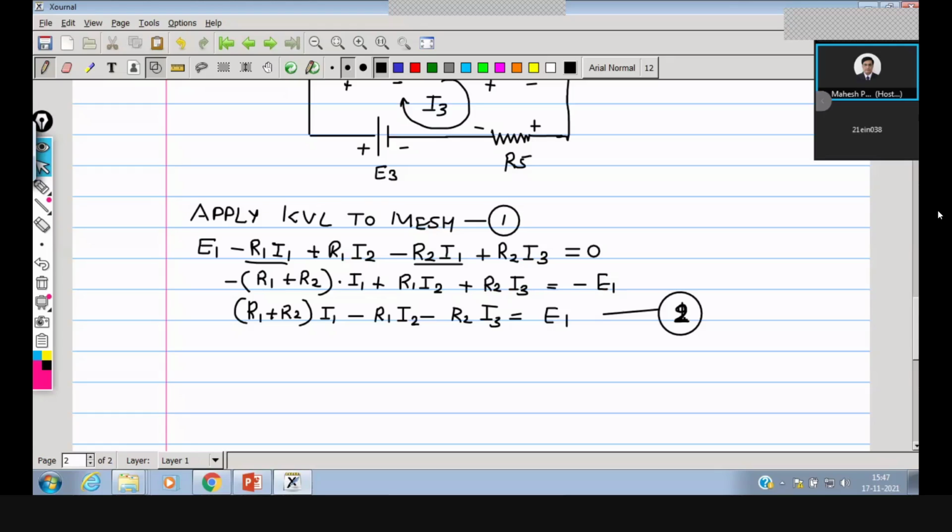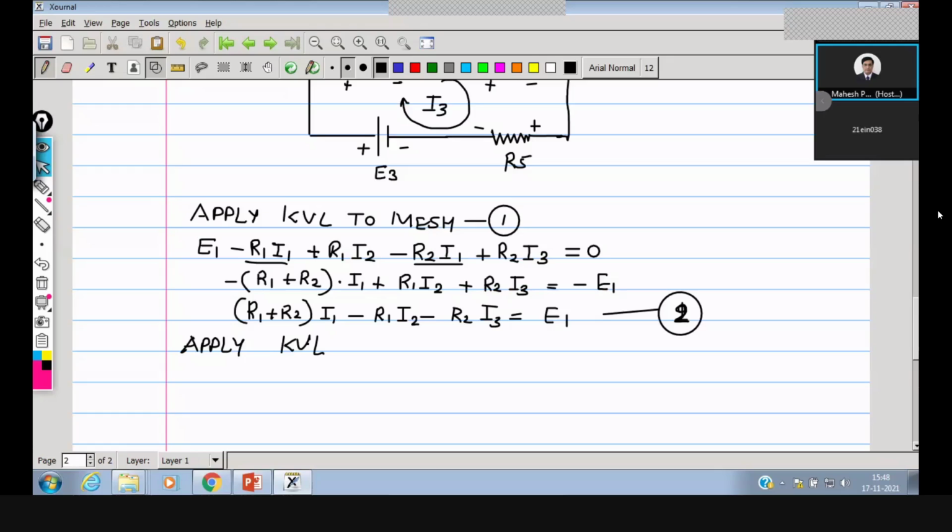Fine. Okay. Similarly, we can apply KVL to mesh 2. I will solve only examples 1 and 2. This is generalized because we have not mentioned any values of different resistances and batteries here.